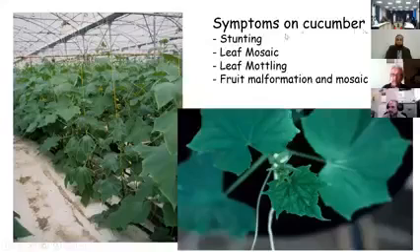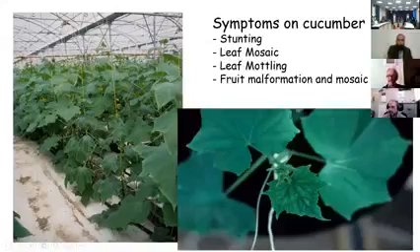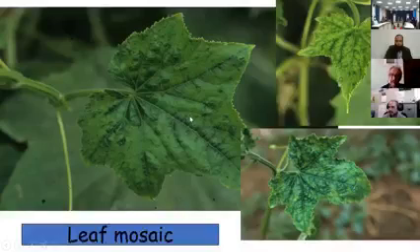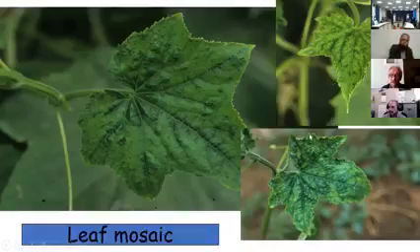Symptoms on cucumber: stunting, leaf mosaic, leaf mottling, and the most important for the farmer, fruit malformation and mosaic. You can see here very severe symptoms in the top leaves of cucumber.